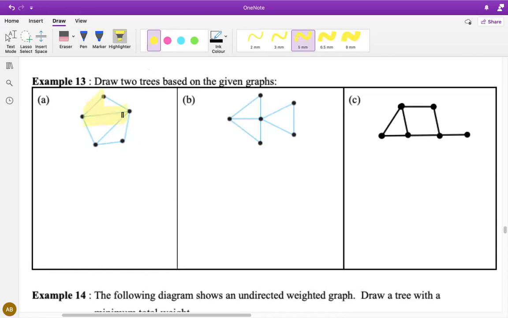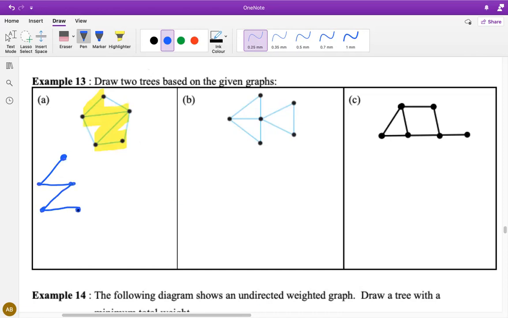1, 2, 3, 4. Okay, so we have it like this. 1, 2, 3, 4. Why only 4? There are 5 vertices only, right? So remember, there are 5. That means your tree must have only 4 edges. That's why 1, 2, 3, 4.